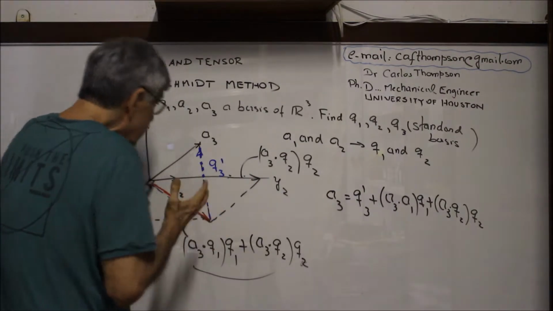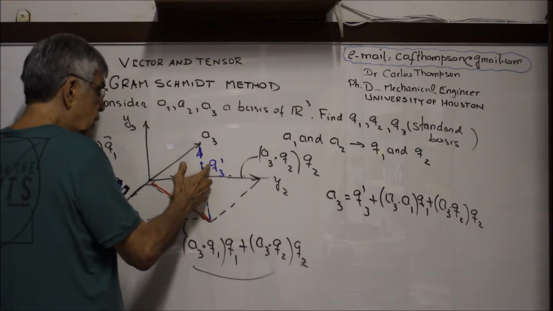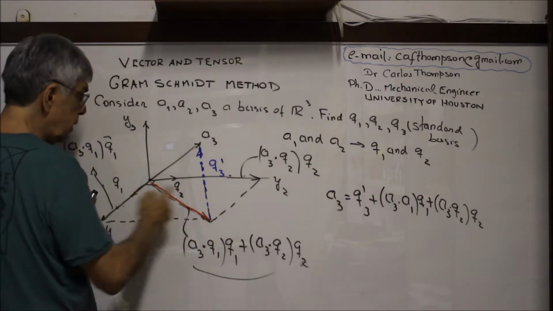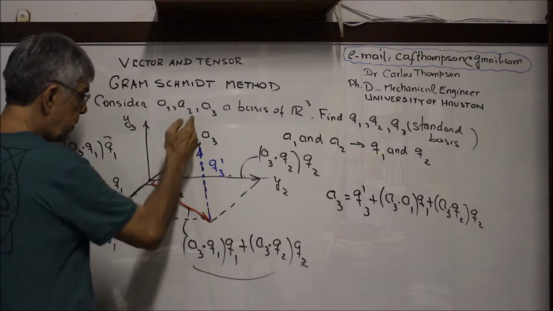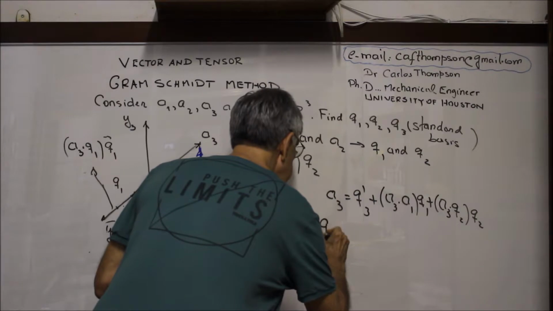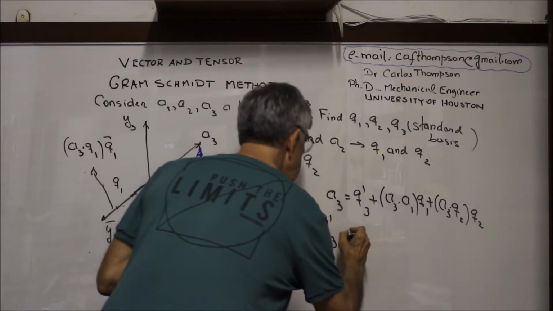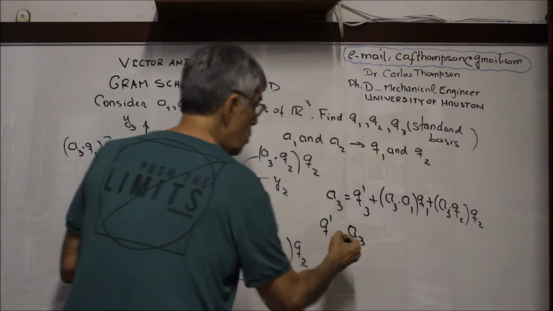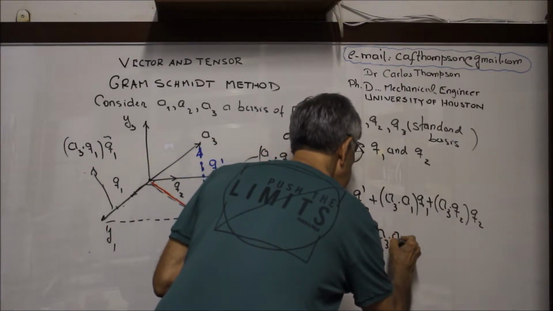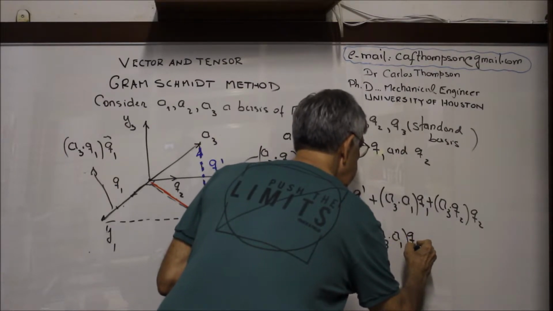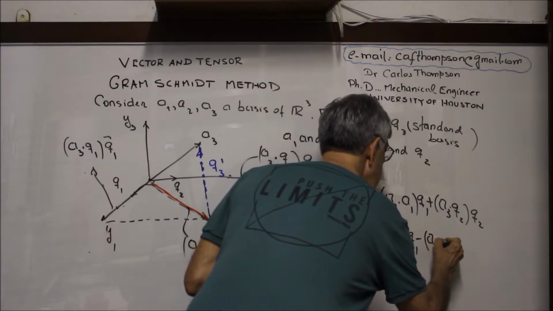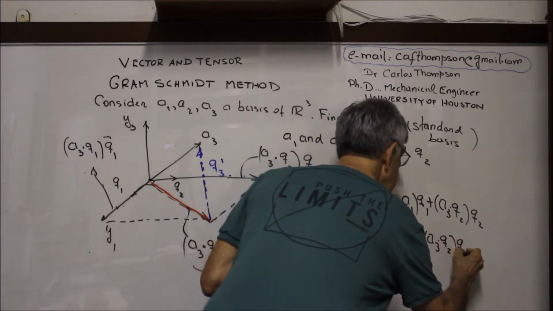Then you see clearly that Q3 prime is perpendicular to Q1 and Q2. You see? It's perpendicular. That's what I want. But Q prime 3 is equal to A3, which I know, minus A3 dot A1 Q1 minus A3 dot Q2, Q2.